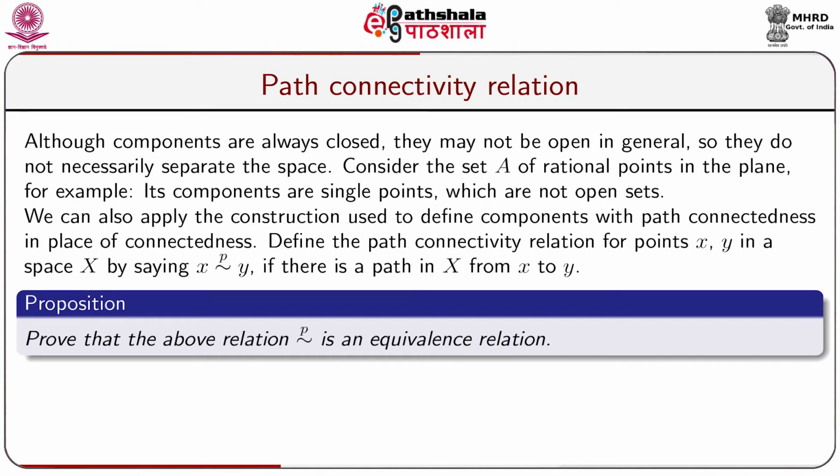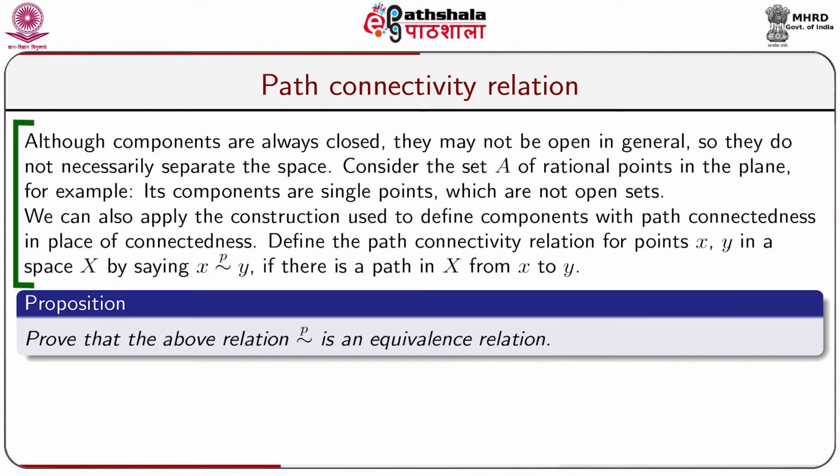Now, we shall come to path connectivity. We have discussed previously that path connected spaces are much stronger with respect to connectivity. That means each path connected set is connected, but not every connected set is path connected.